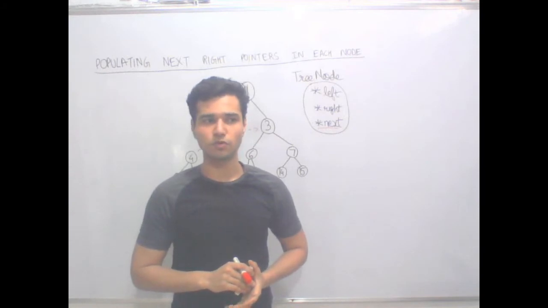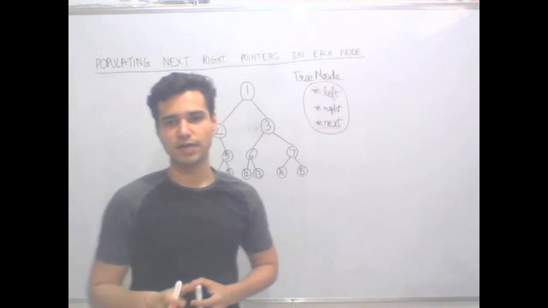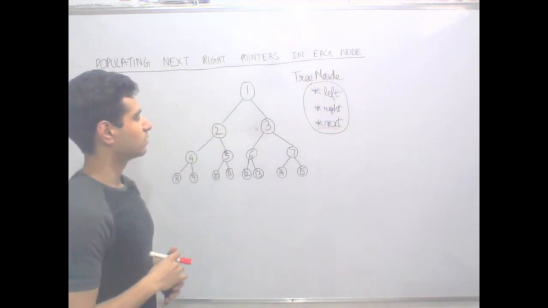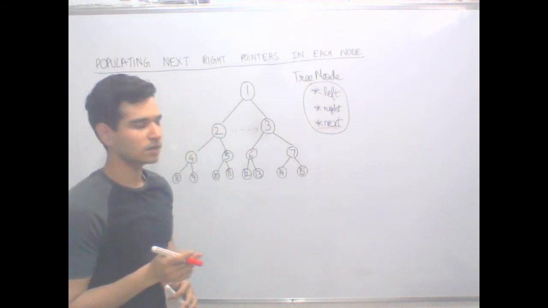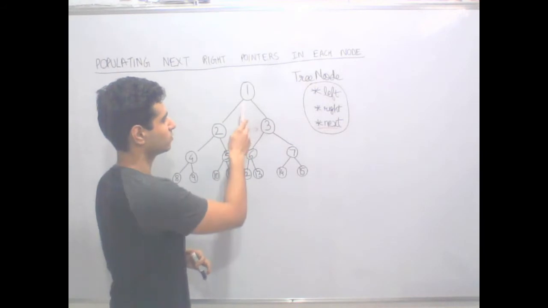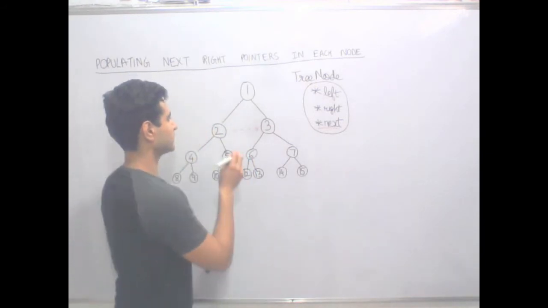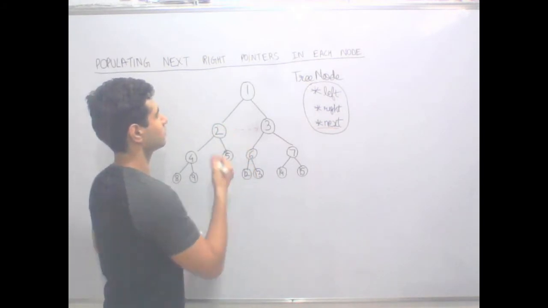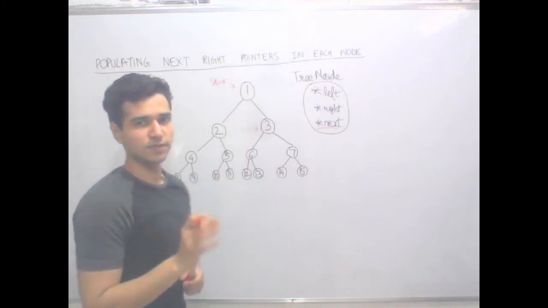But the most optimal solution is using space O of 1 and time O of n. So how can we do that? We can do that by utilizing the fact that we have access to its node's left and right pointers, right? So we can have a pointer called start, which points to the first node at a level.